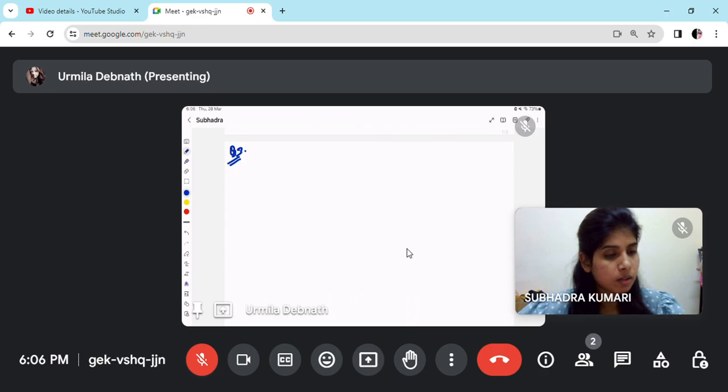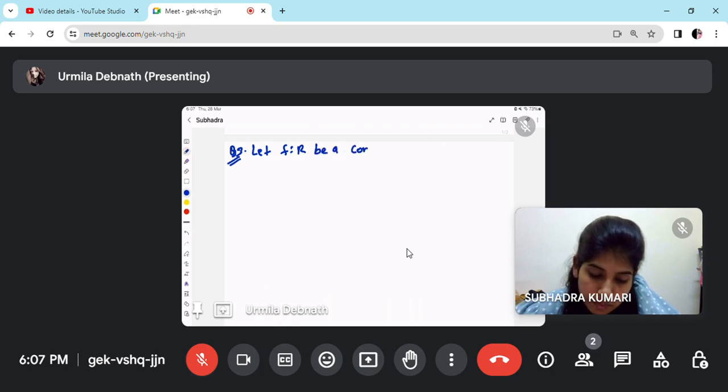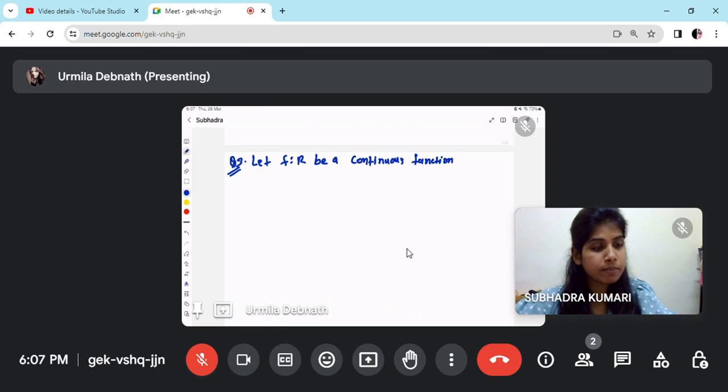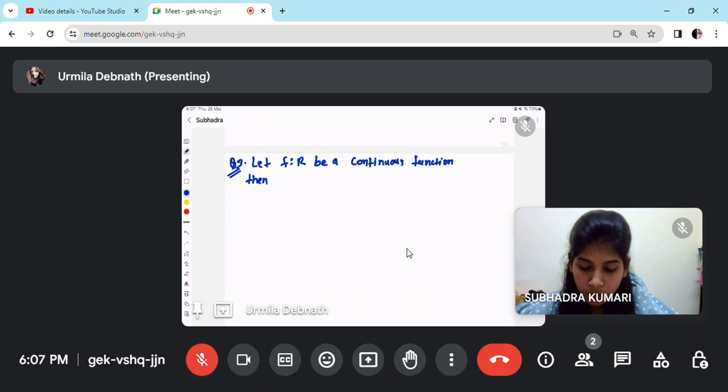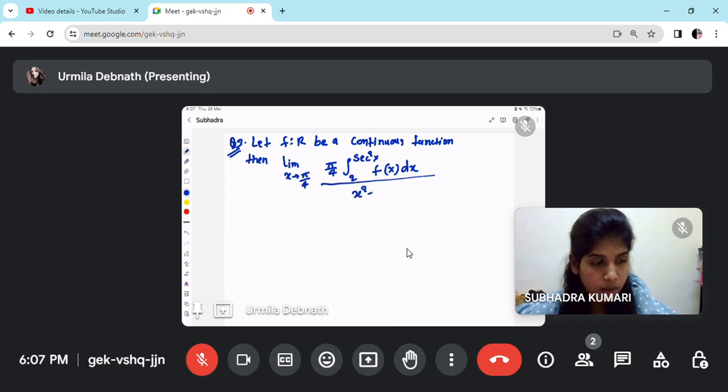Let f be a continuous function defined on R. Then the limit as x tends to pi by 4 of the integral from 2 to sec square x of f of t dt, divided by x square minus pi square by 16.